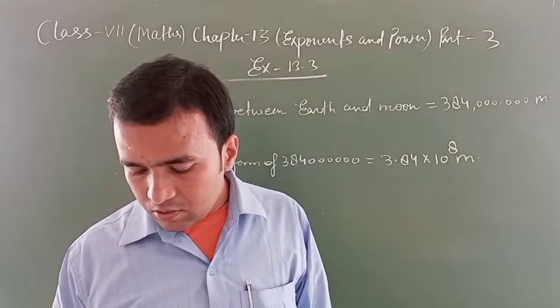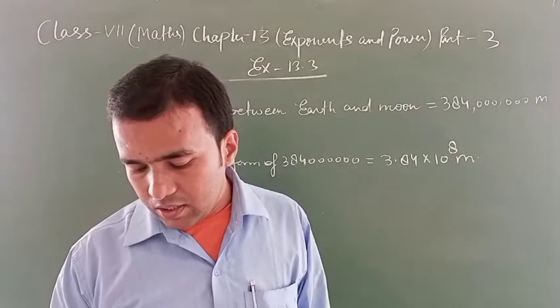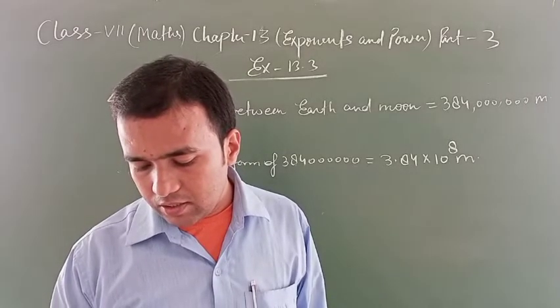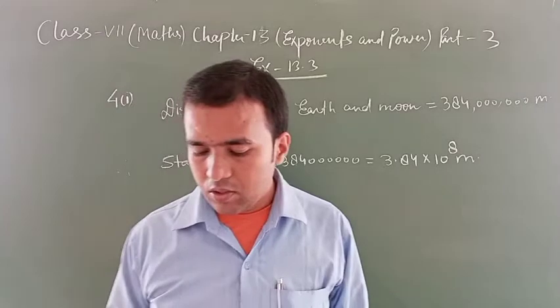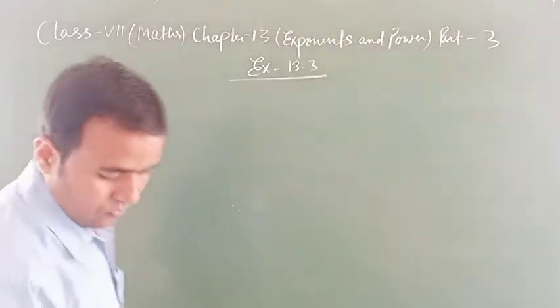Second one is also: speed of light in vacuum is 30 crore. Write in standard form.